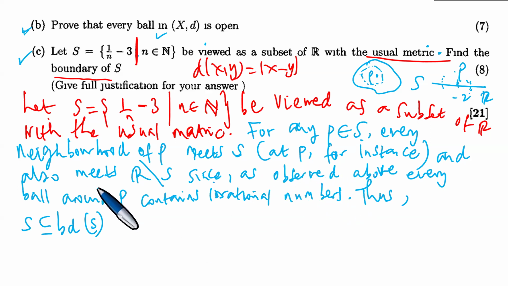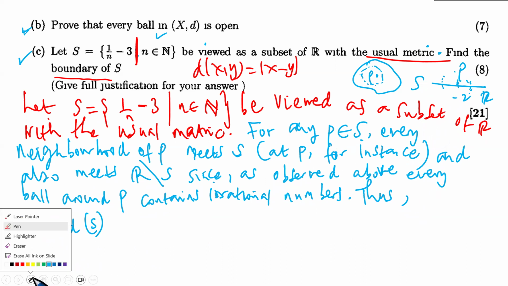And also, since as observed above, every open ball around P contains irrational numbers, this means that S is a subset of the boundary of S. Okay, I'm sure we shall understand this a little bit more. We shall elaborate on this.